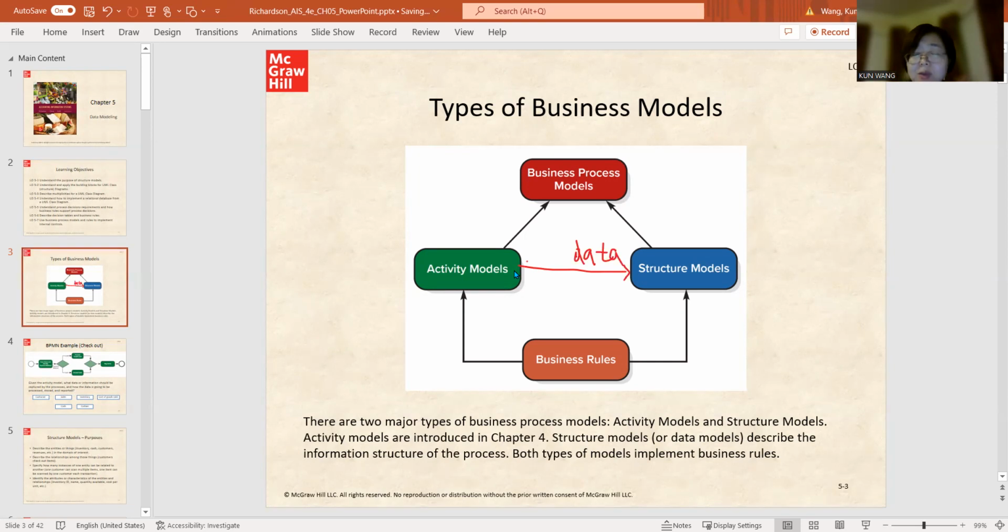Because we don't want to make the model too complicated, you can put all of the activities and data together, but it's very hard to develop and also to read. So we separate the process, group the activities together, and then extract and demonstrate the data flow from the activities in another model, in UML or some other modeling language.